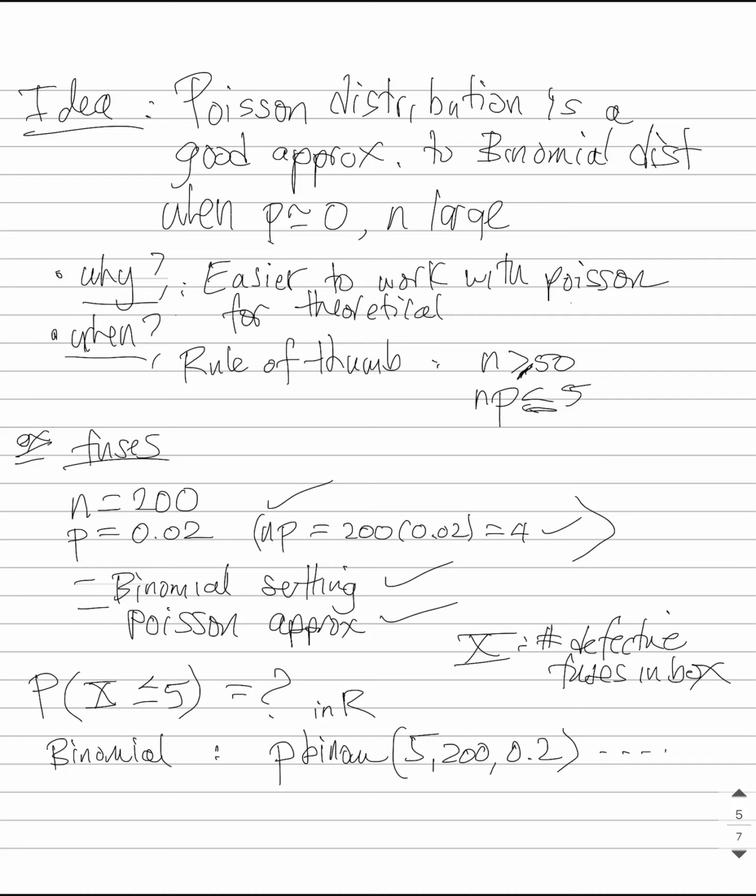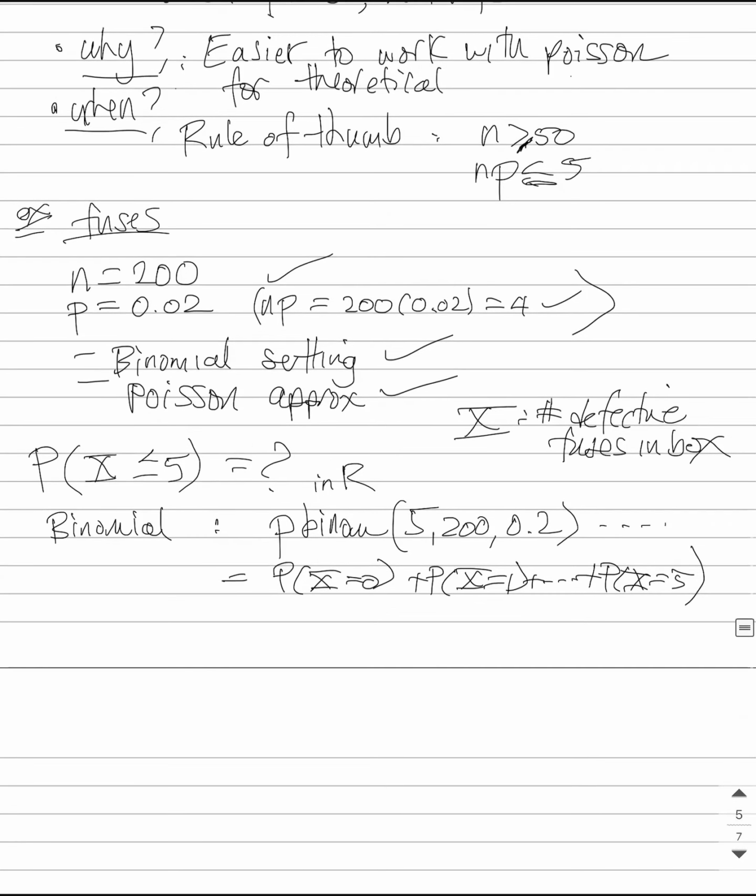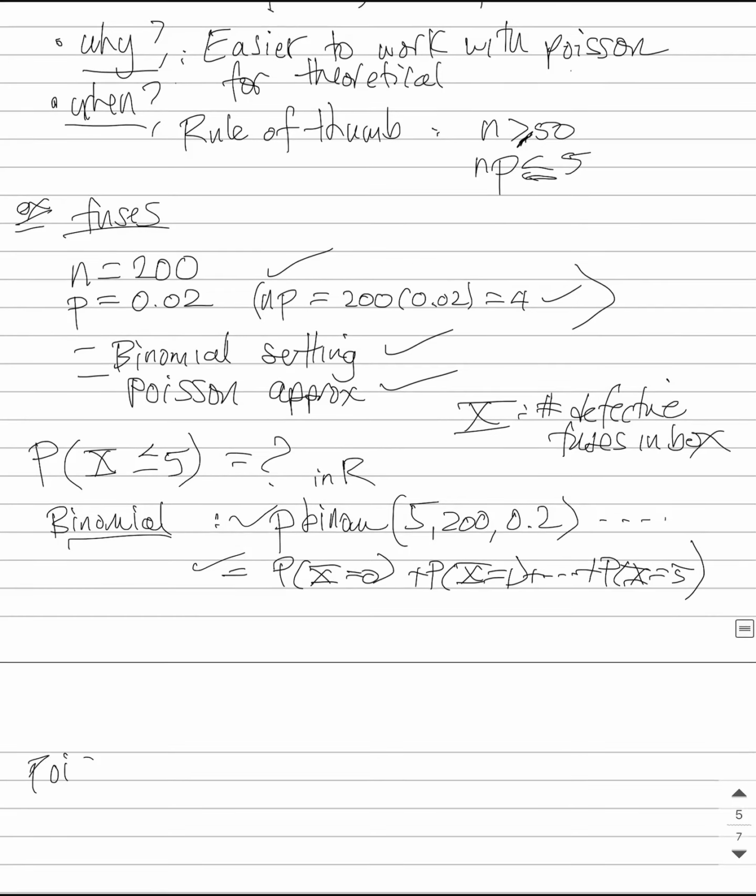Also realize that it would be annoying to calculate this with the formula, because in any sort of CDF problem you have to add up a bunch of individual calculations like this. So a long time ago, the old timers said, well, I don't want to really use this binomial formula. It's got all these factorials and everything. It's inconvenient.